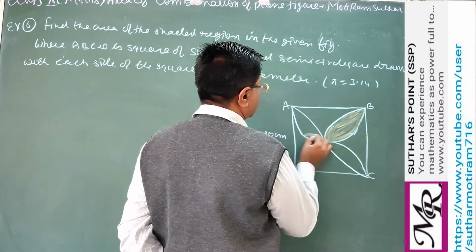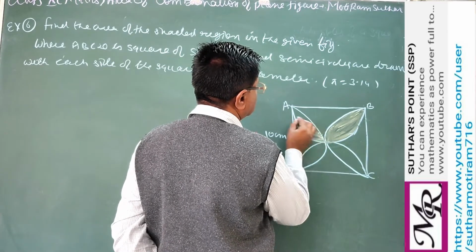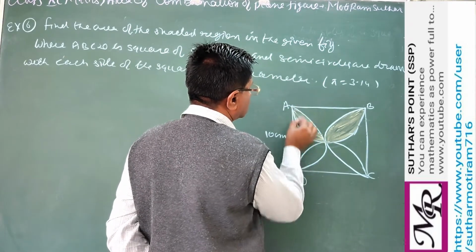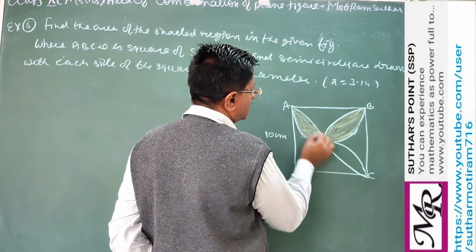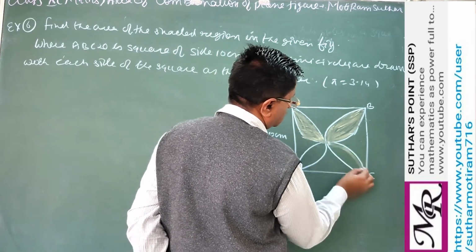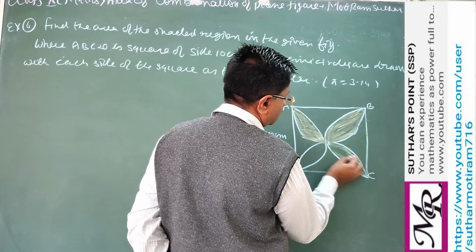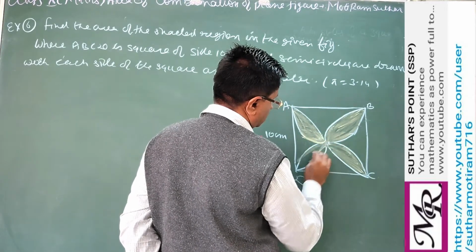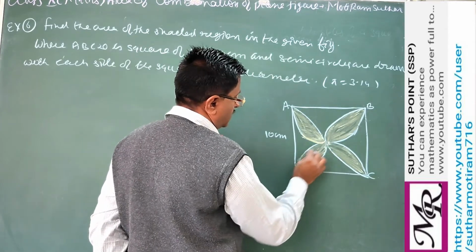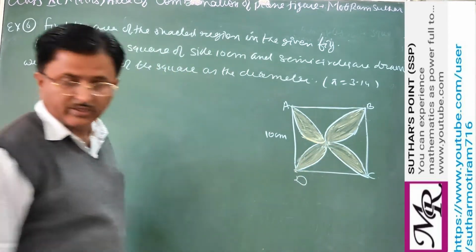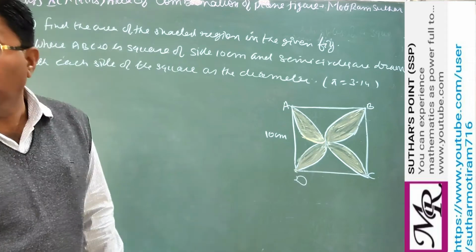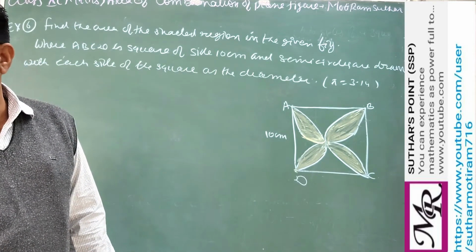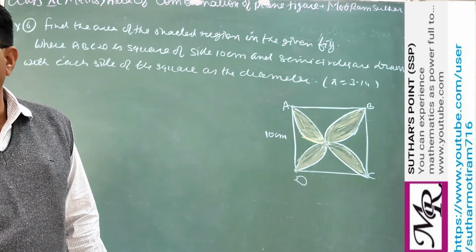This area we have to find out. This is the shaded portion. Clear? One can find this area.